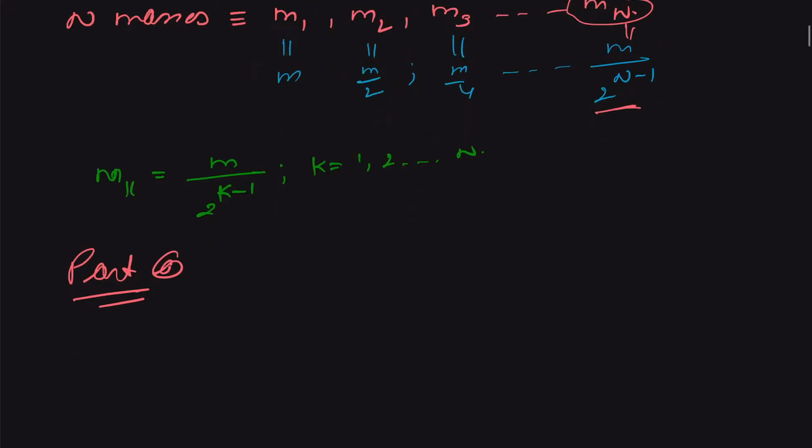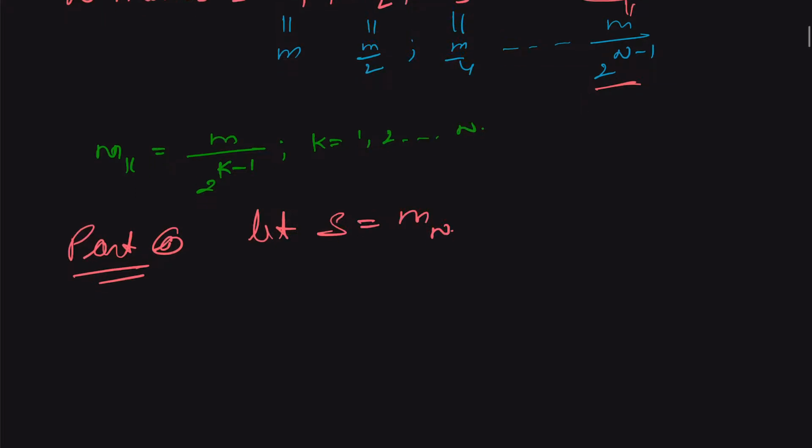Okay, so for the sake of simplicity we can say that let we have a mass s which is equal to our m of n. And in part B, it is given that this mass is removed, so it means value of s is equal to 0. So okay, this is going to solve our question comparatively easily.